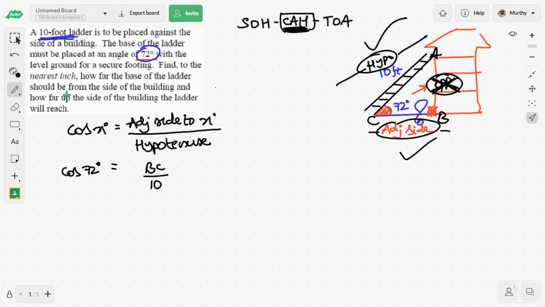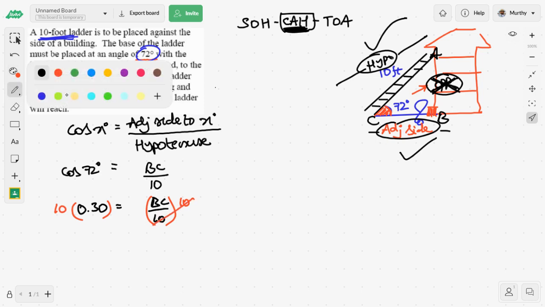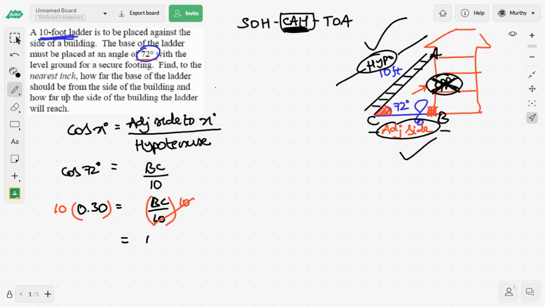Then it is 0.30 equals BC over 10. You know how to isolate BC. So we go for the inverse operation, times 10. So the value of BC is 10 times 0.30.